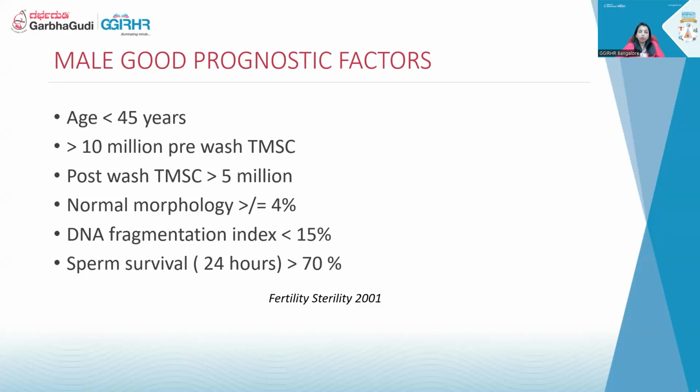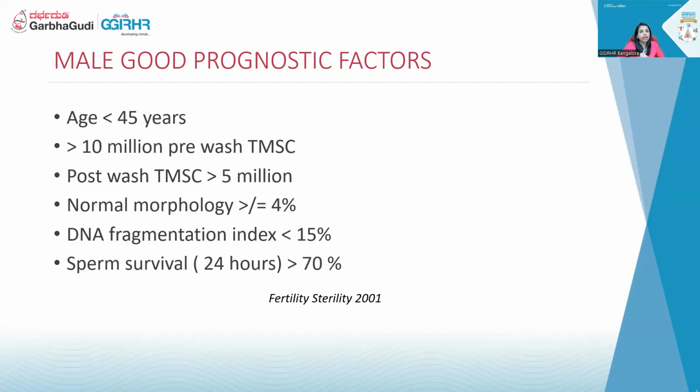That is the reason teratozoospermic patients, patients who have a semen morphology of 2%, 3%, are not the ideal candidates for IUI treatment. Although a young patient who is newly married and undergoing IUI treatment might still conceive. So there's no consensus that this is the cutoff.